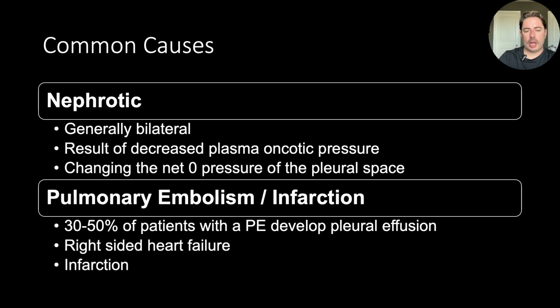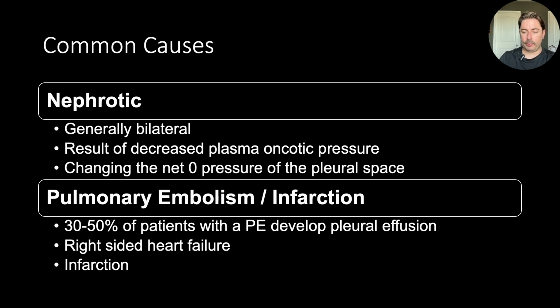Some other common causes of a pleural effusion would be nephrotic syndrome, where the kidneys are unable to keep up with the amount of fluid in the body, and you end up with a decrease in the plasma's oncotic pressure.